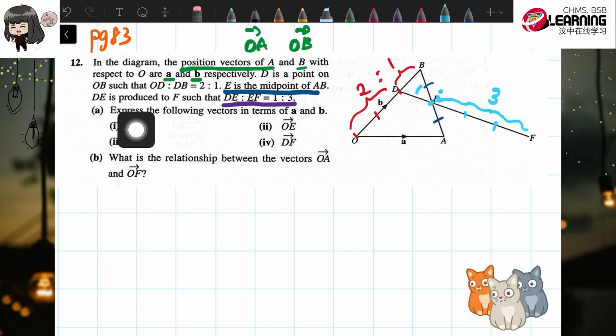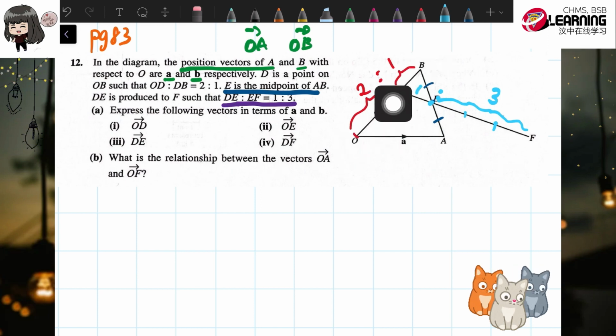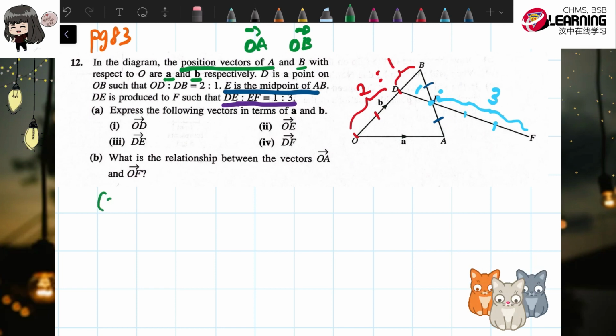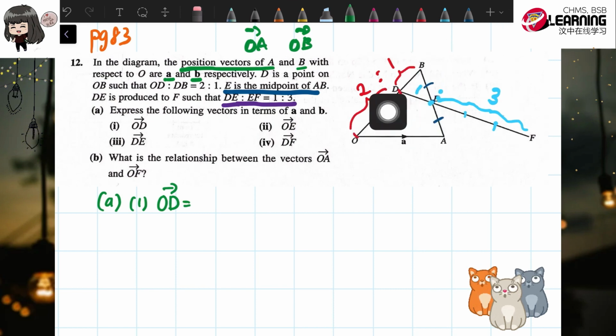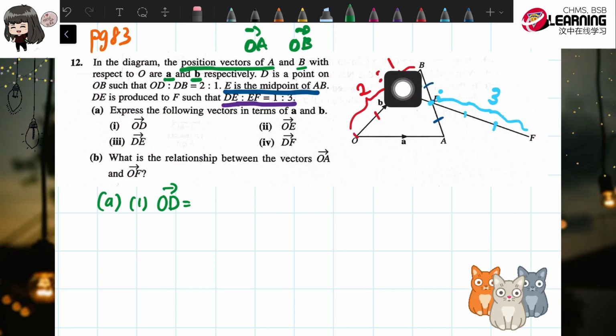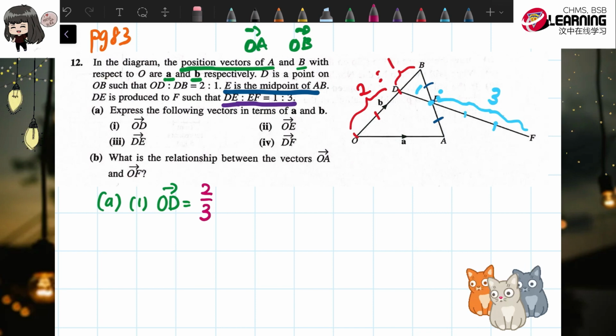Now let's look at OD. O to D is not b, OB is b, but we have to find O to D. Here they are testing your ratio skill. Your OB is b, right? And then OD is 2 parts out of 3. So OD is actually 2 out of 3 of OB.